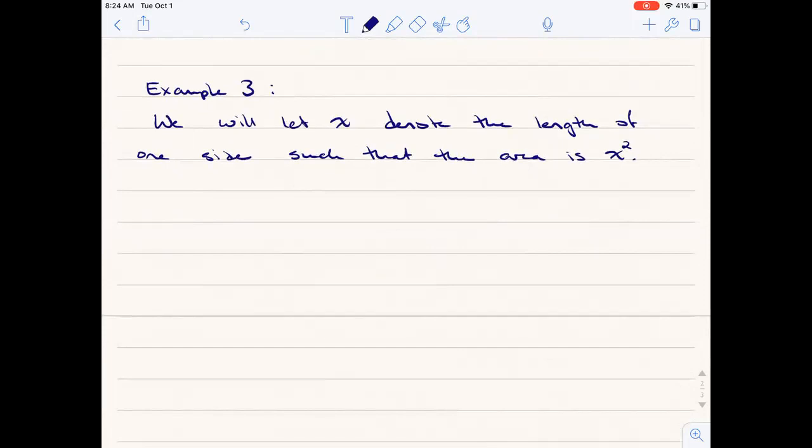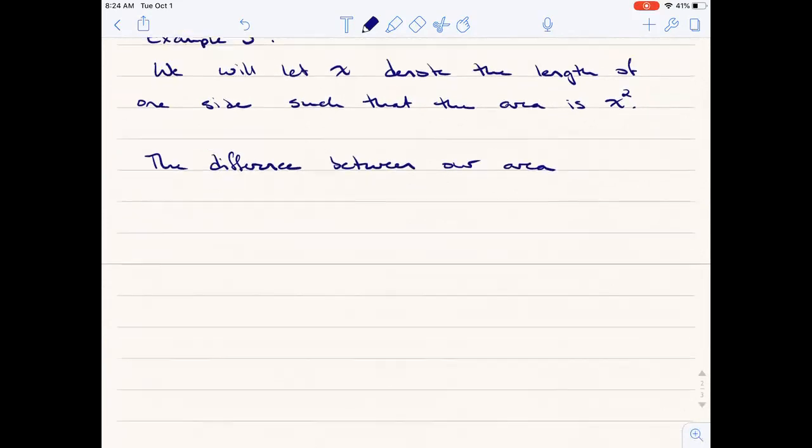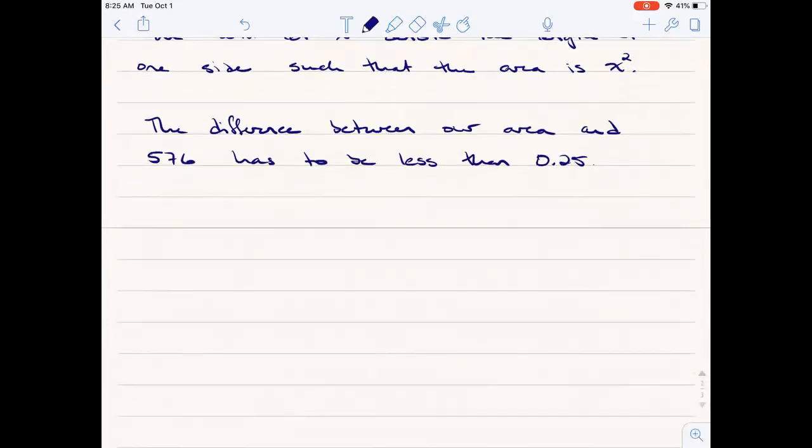We have to get it within 0.25 of 576; it can be a little bit bigger or a little bit smaller. So the difference between our area and 576 has to be less than 0.25, in either direction.